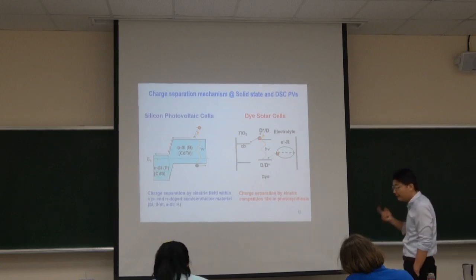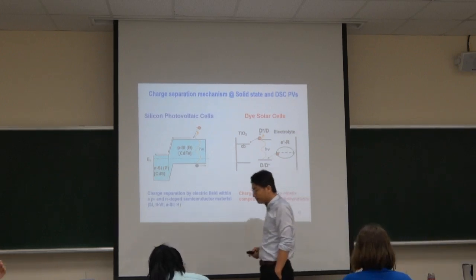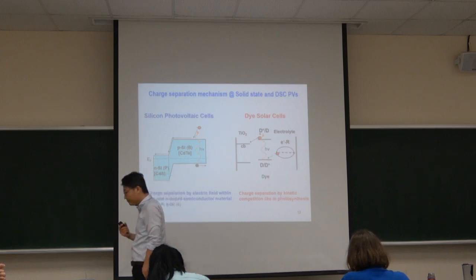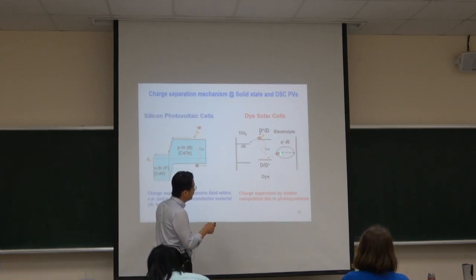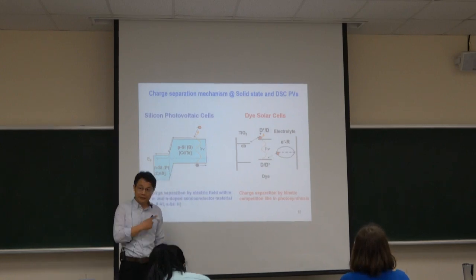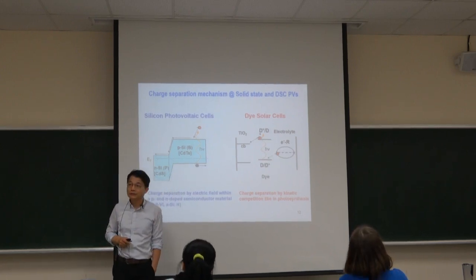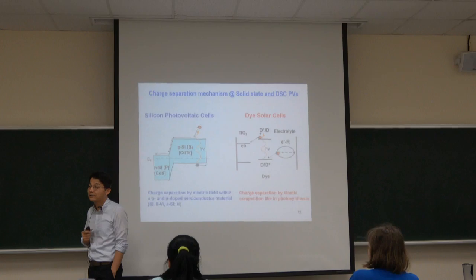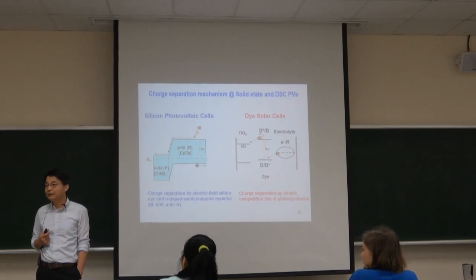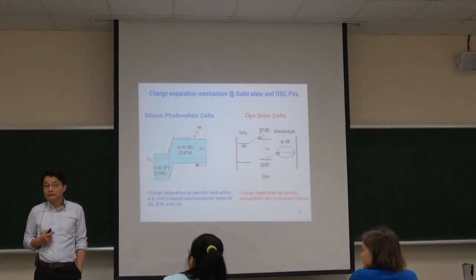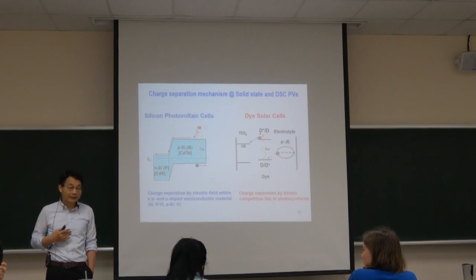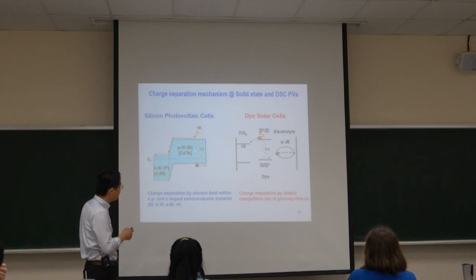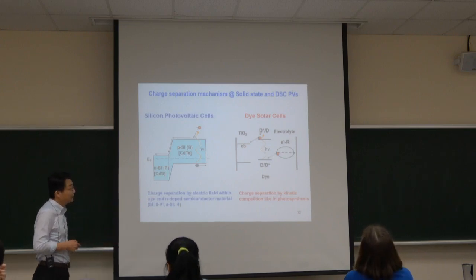I would say the mechanism is the same, but we have to be careful because there is some weakness in the electrolyte for DSSC. The major concern is the long-term stability issue, and this is the liquid state.